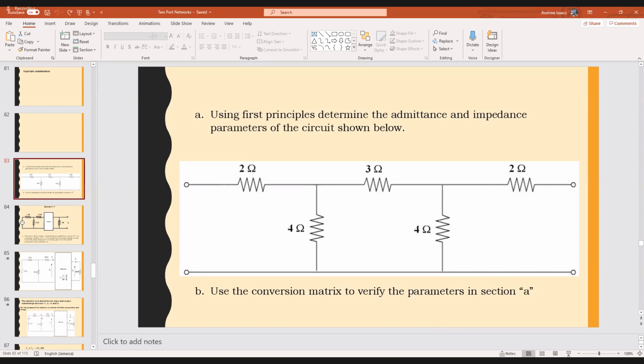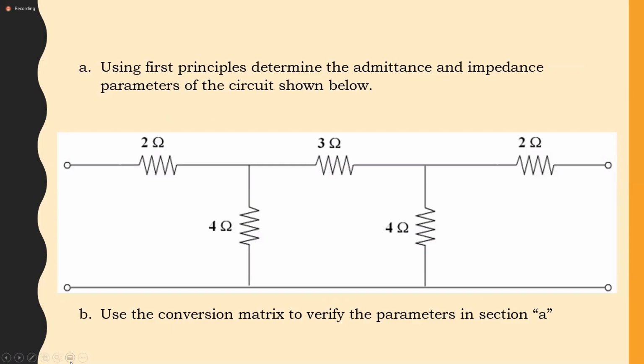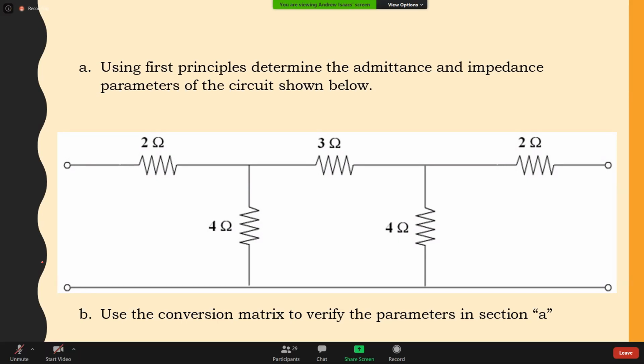The first thing you want to do, as we said, is use first principles. If you are using first principles, you're finding admittance. Since you're using first principles, how do you define these parameters? It's the first place you need to begin, with the definition.